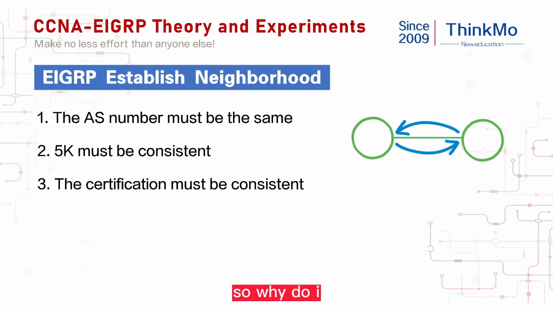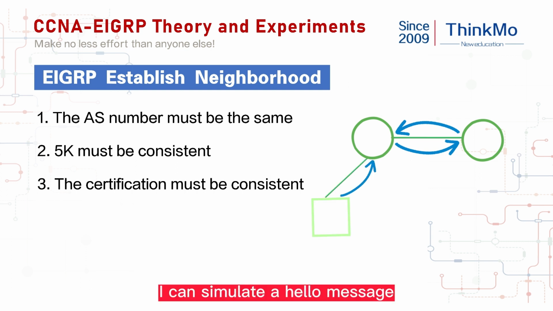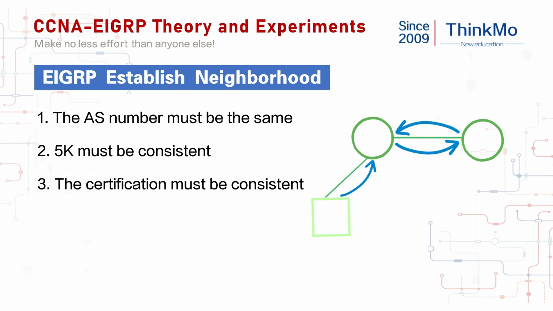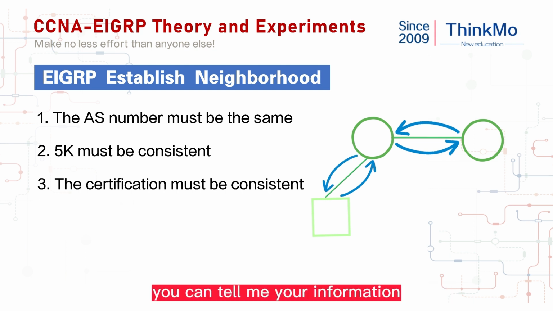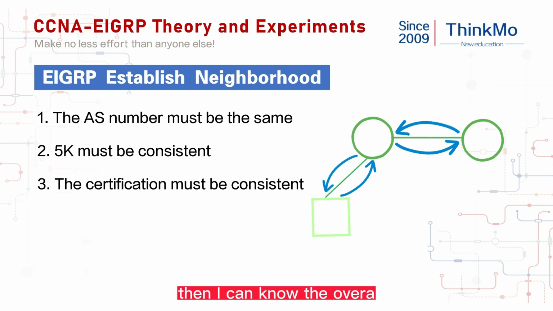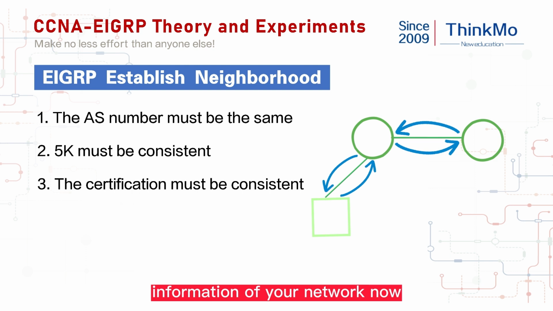So why do it? For example, I am a hacker. I can simulate a hello message and send you a message. I can pretend to build a neighborhood with you. You can tell me your information, and then I can know the overall information of your network. At least it is possible to calculate the network topology.